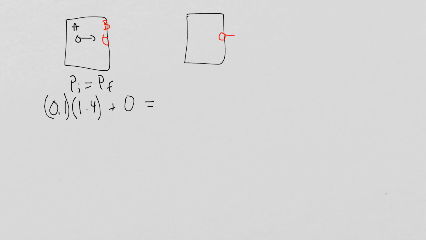After the collision, that one's moving this way, but we're told ball A rebounds. It comes back the way that it came from. And so our final momentum for ball A is the same mass, that doesn't change, times a negative 0.7 meters per second, backwards, the direction changes.